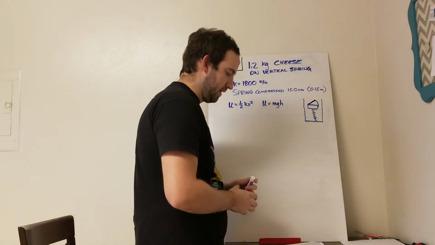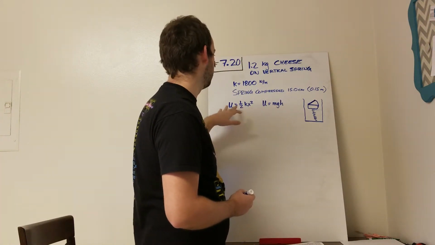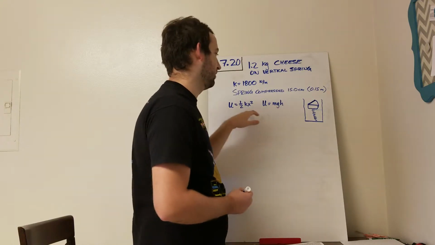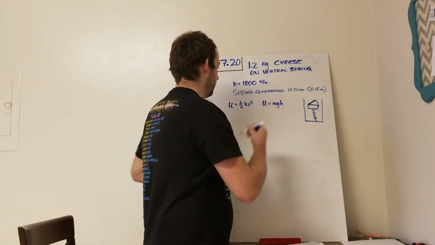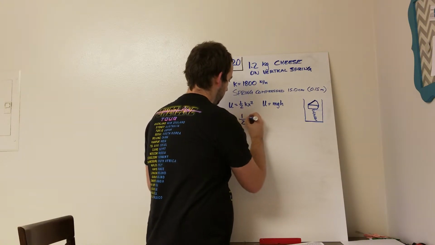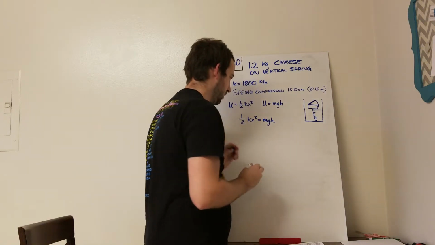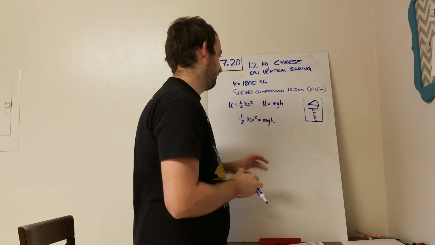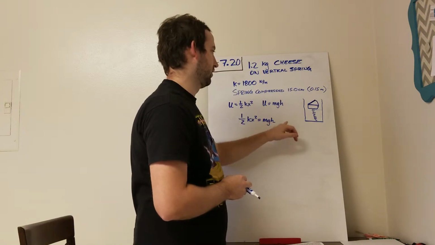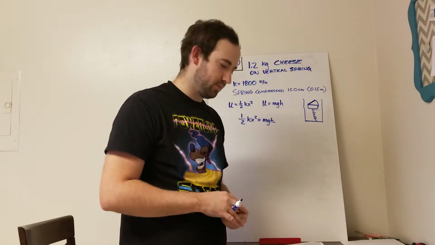Anyway, since these both have U isolated on one side, we can put these equations together. So we get 1/2 kx squared equals mgh. And really what we're after is h, because that's going to be the height it goes to.